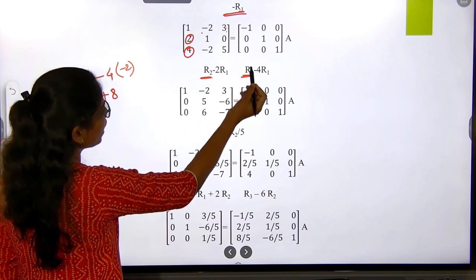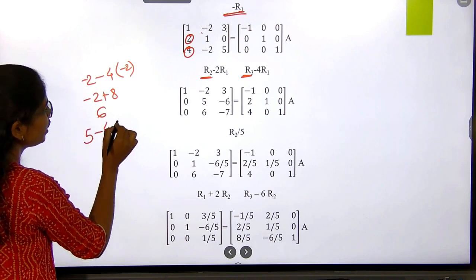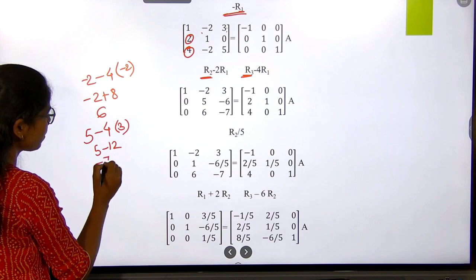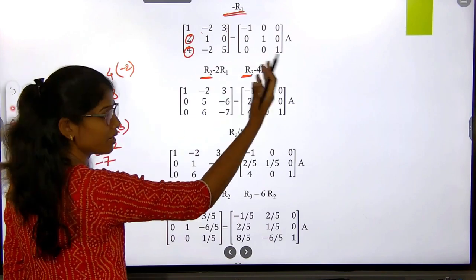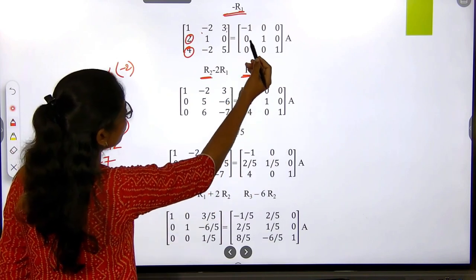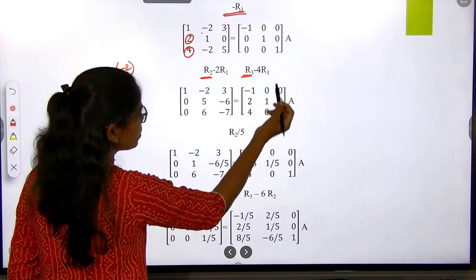Then 5 minus 4 into 3, so 5 minus 12 is minus 7. Simultaneously we are making changes on the right side also. So 0 minus minus 4 is 4, 0 plus 0 is 0, 1 plus 0 is 1.